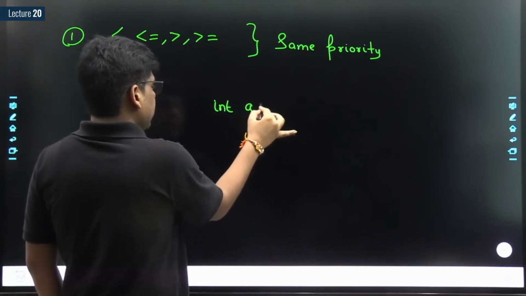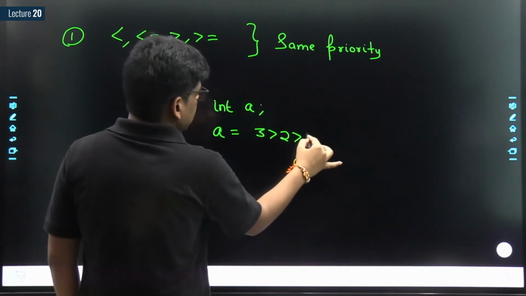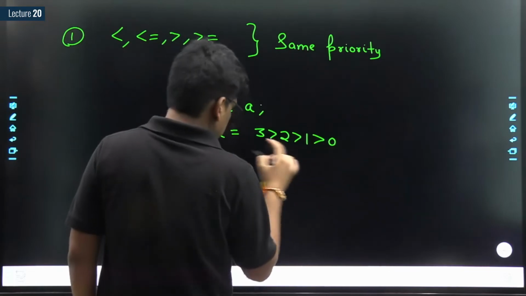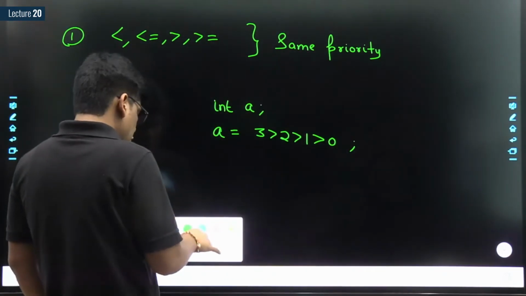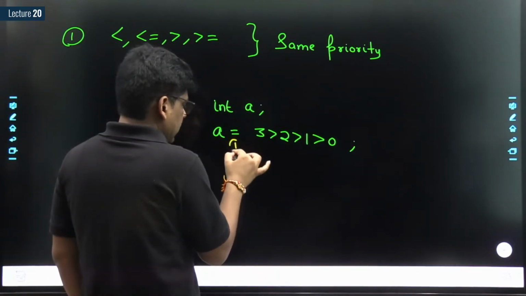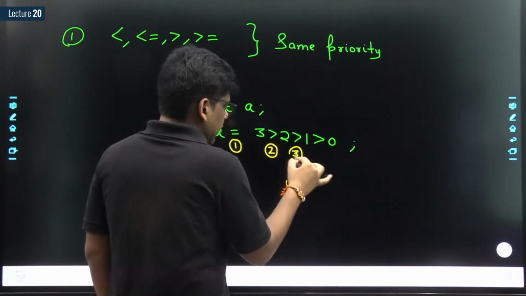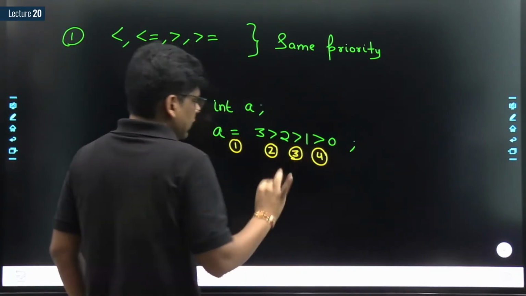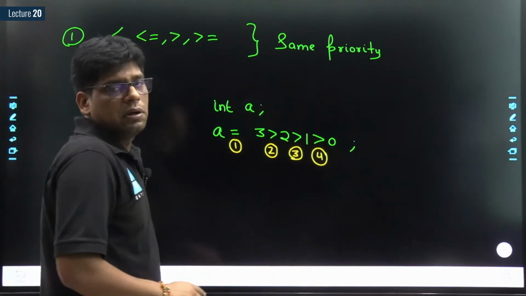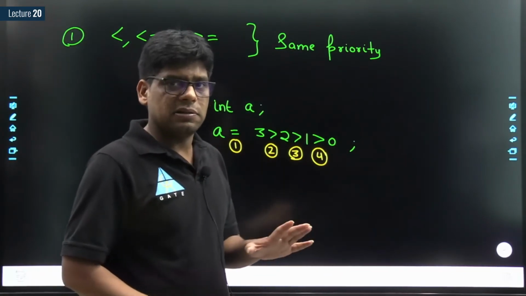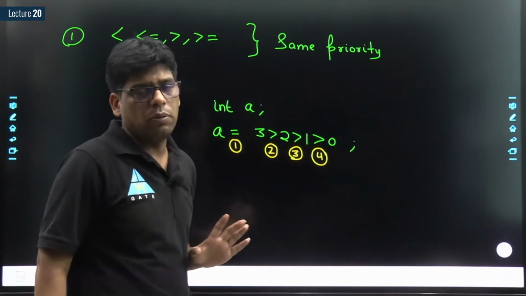Int a is equal to 3 greater than 2 greater than 1 greater than 0. Sir, we have multiple operators. The very first thing you need to remember is, equal to has low priority as compared to all relational operators and arithmetic operators.